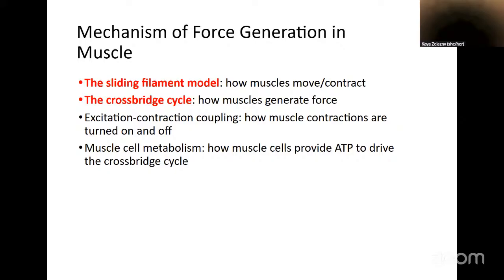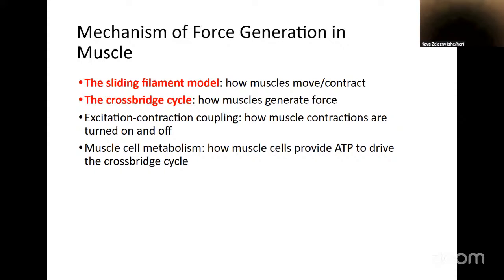But the myosin doesn't get shorter, the actin doesn't get shorter, but the sarcomere as a whole does. This is because we're going to see these filaments sliding past each other in what we refer to as the sliding filament model. And I think we have another picture of that in a second. So that's part of how we shorten sarcomeres. This is why muscles get shorter and why they contract.